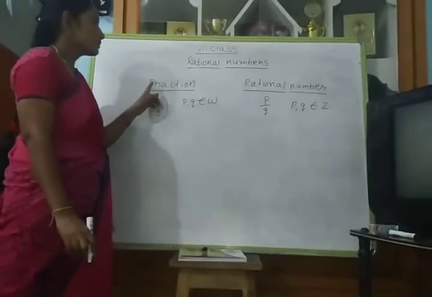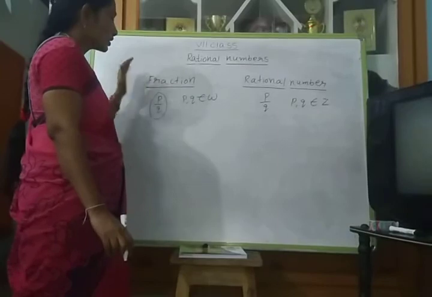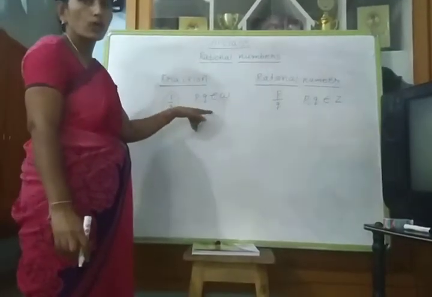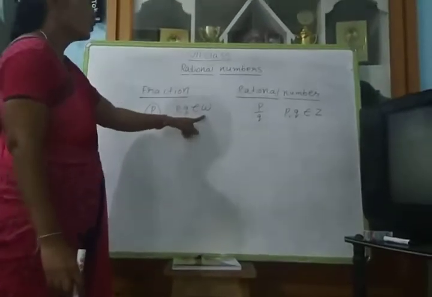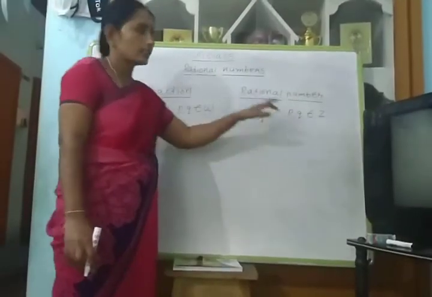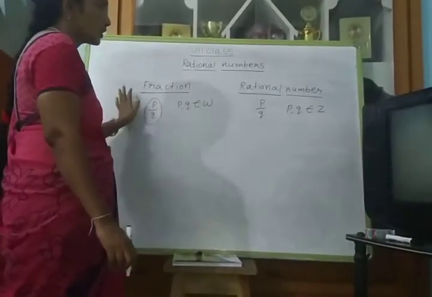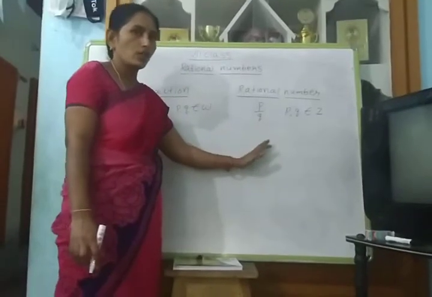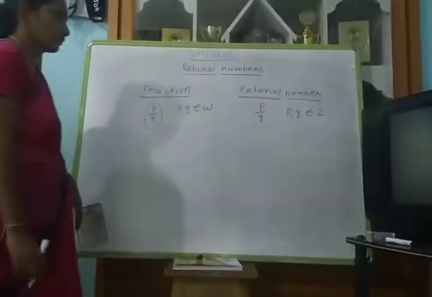So what is the difference? A fraction is in the form P by Q where P, Q belong to whole numbers, means only positives we are taking. Here positives, negatives and 0 also we are taking.